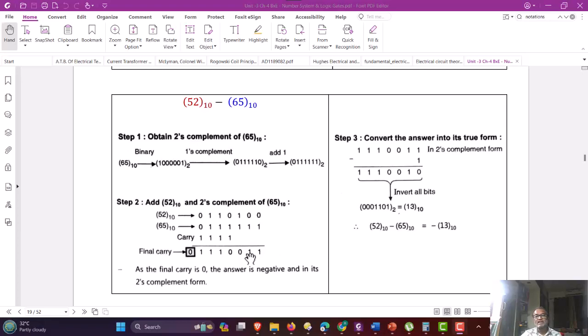So converting this result back to the sign magnitude form by taking the 2's complement of this result. 2's complement can be obtained by adding 1 to the 1's complement, or conversely subtracting 1 from the 2's complement.